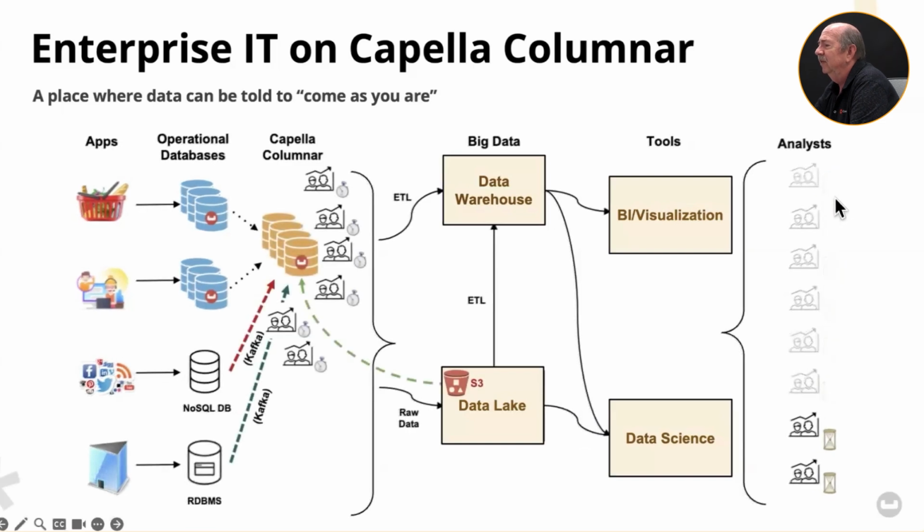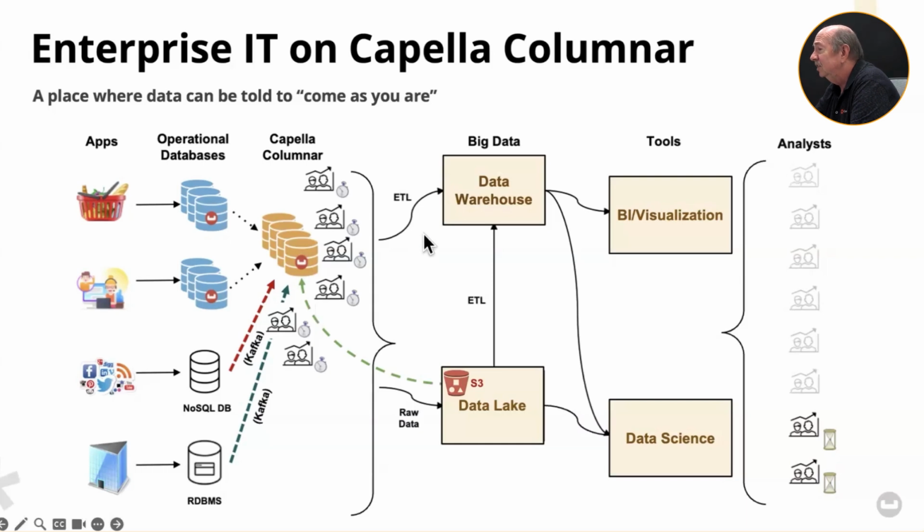And they are waiting for that data, but they don't necessarily have to wait. If you use Capella Columnar, our vision is that a lot of those analysts that used to be sitting on the far side of the data lake or the far side of the warehouse, waiting for the data to show up, can do their analysis essentially immediately.